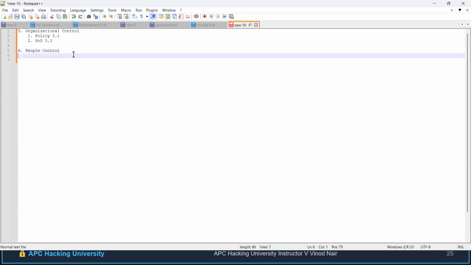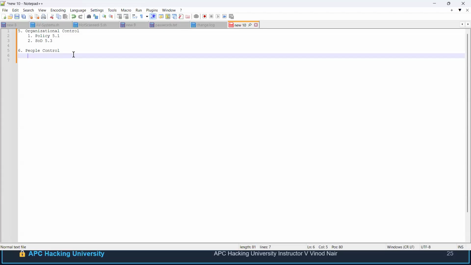When you come across people control, the first one is what? When you recruit, you will have an NDA signed, you will have the screening done, you will see whether he is fit for the organization or not, and then you will go for different rounds of assessment, all those things, right?